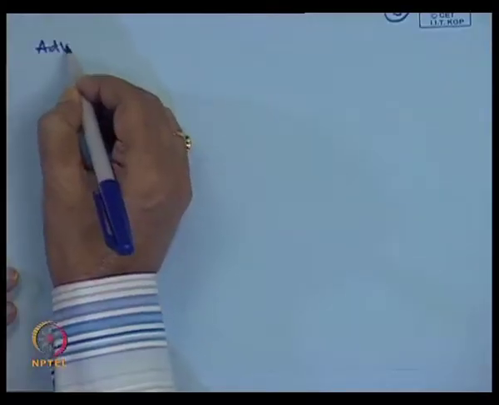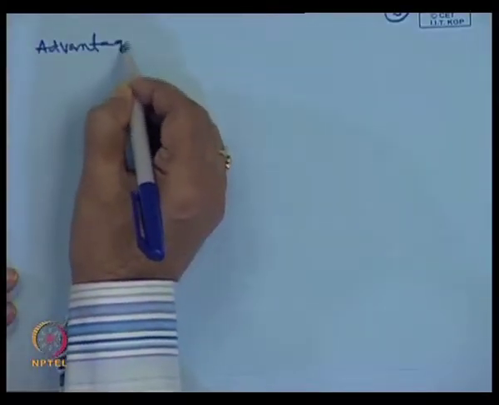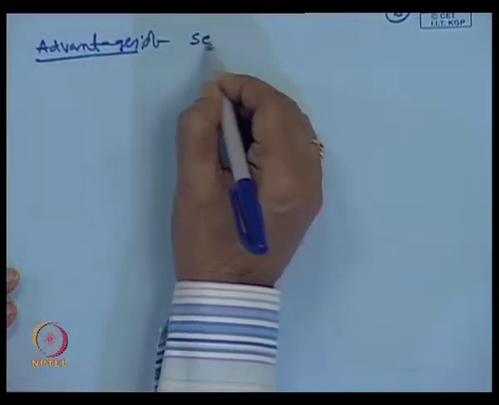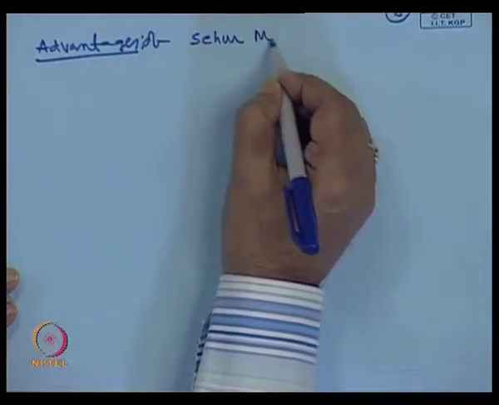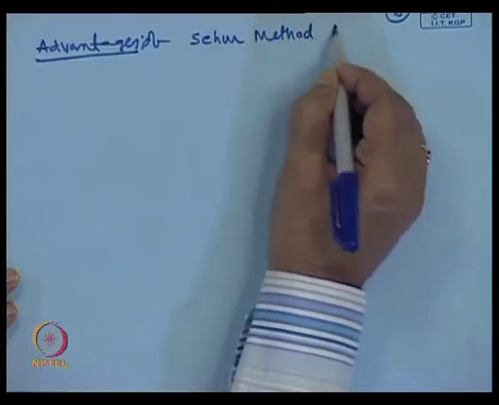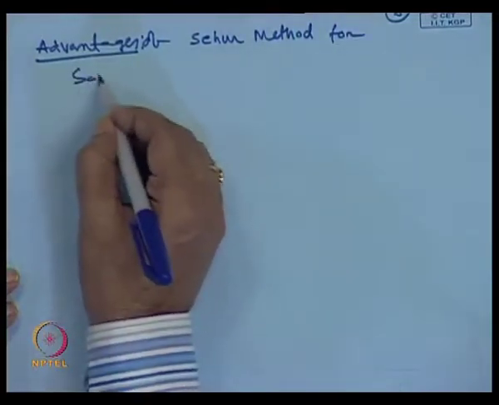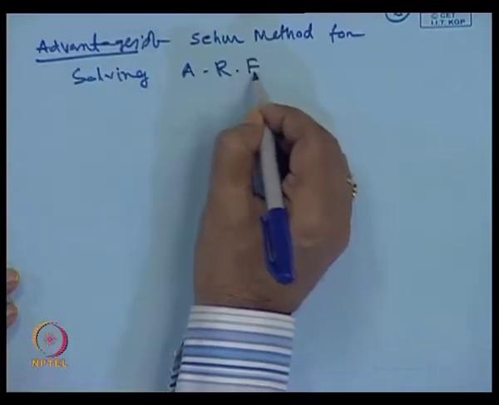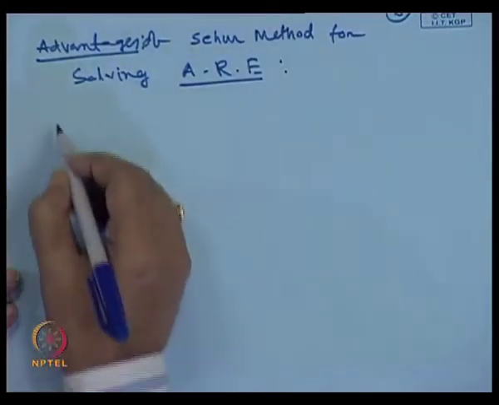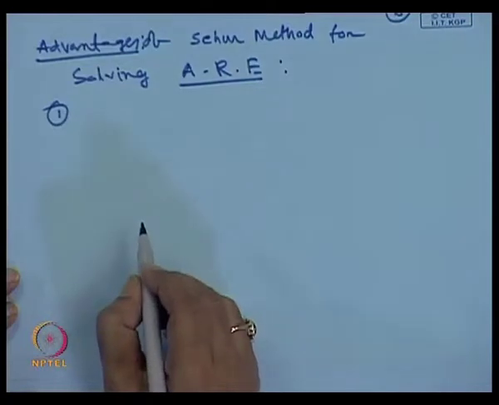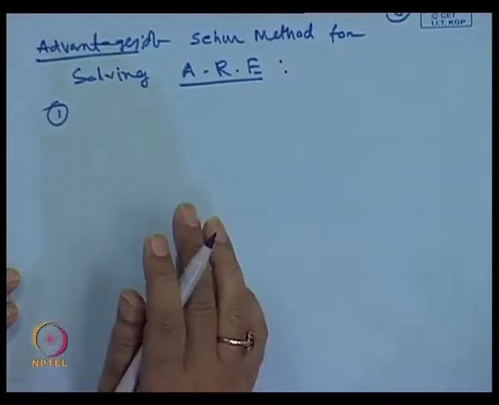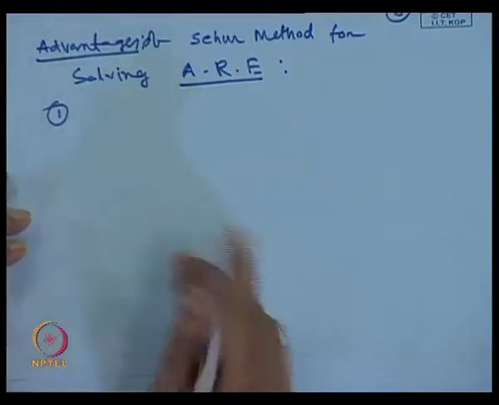just tell the advantages of the Schur method for solving the ARE, the algebraic Riccati equation. One advantage is that we will not face any numerical hazard.